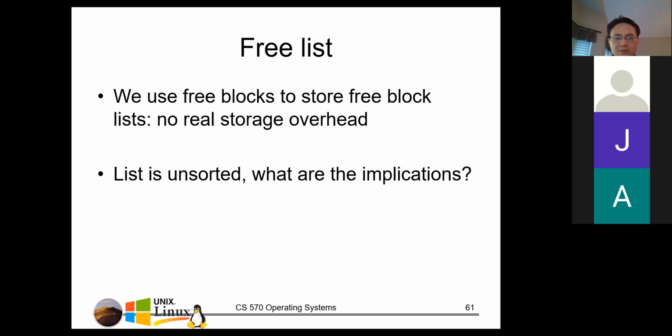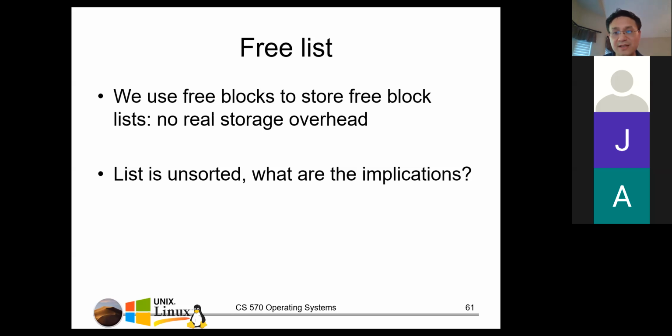Think about quiz 2 question 4: after compaction, you essentially only have one node in the linked list, because you only have one big free chunk of memory.